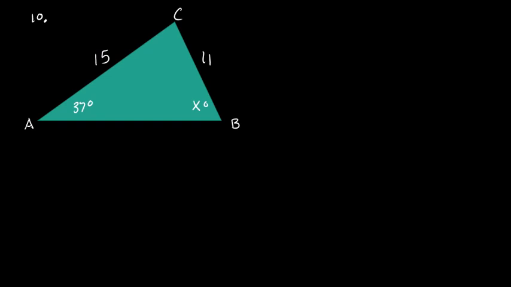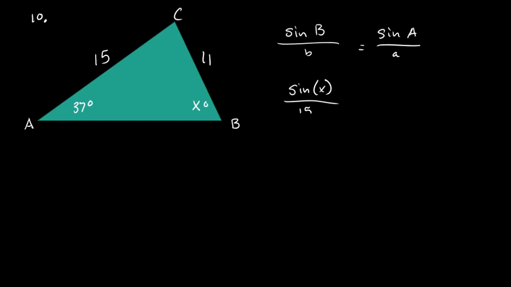So what I have are my A's and my B's. So what I'm going to try to do is put my missing variable on top. So sine of B over B is going to equal the sine of A over A. And if I fill in, the sine of x degrees over 15 is equal to the sine of 37 divided by 11.